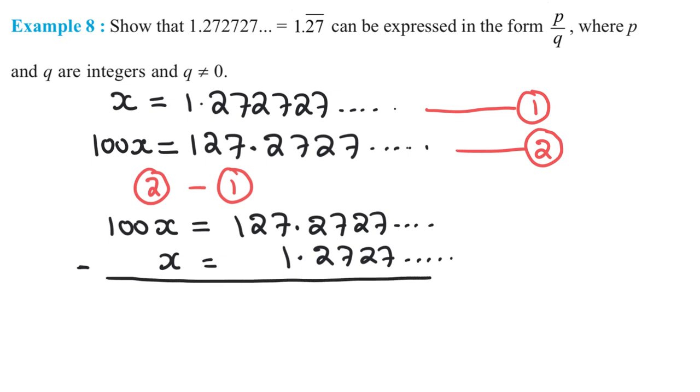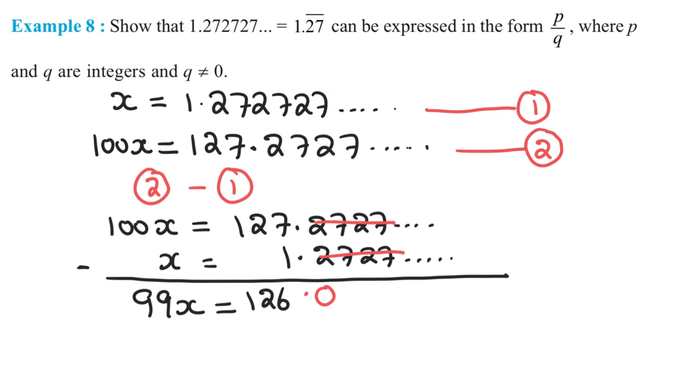Now we can easily subtract. 100x minus x is 99x is equal to 0.27, 0.27s. When you subtract them, they all will become zeros, isn't it? 127 minus 1 is 126.